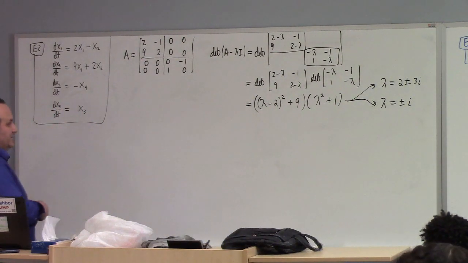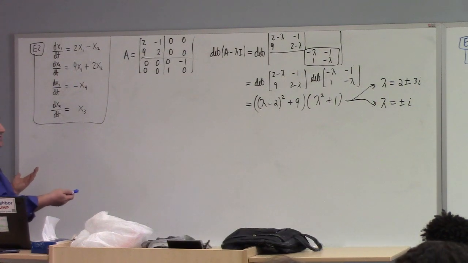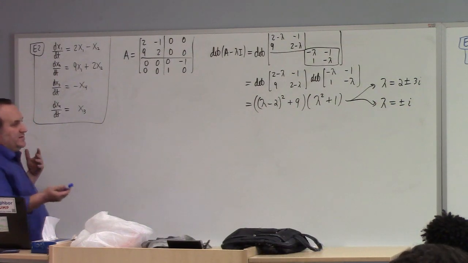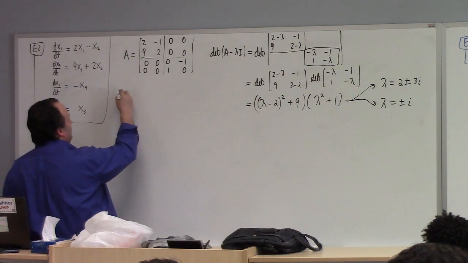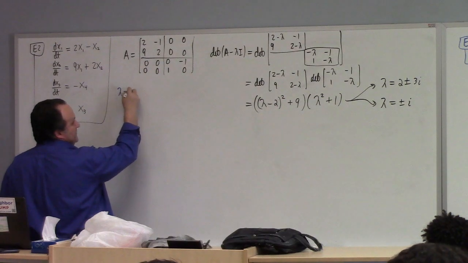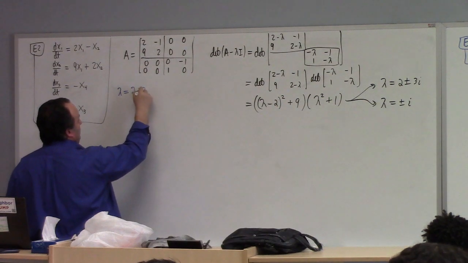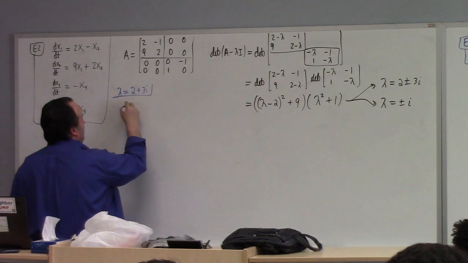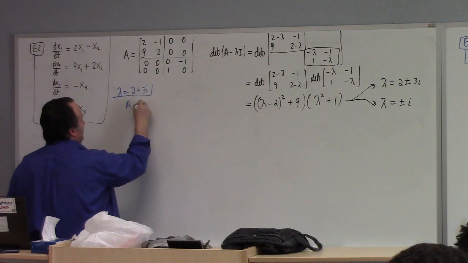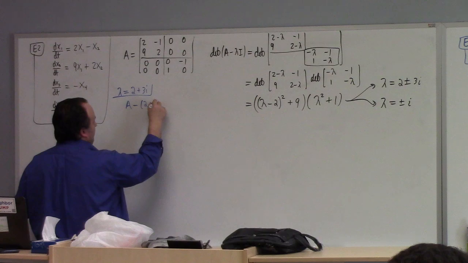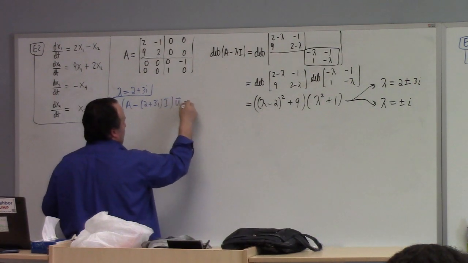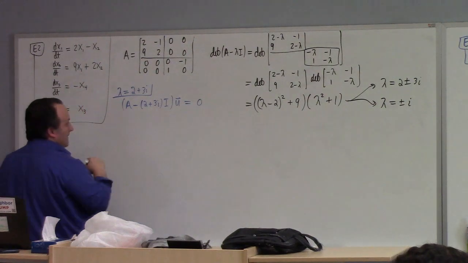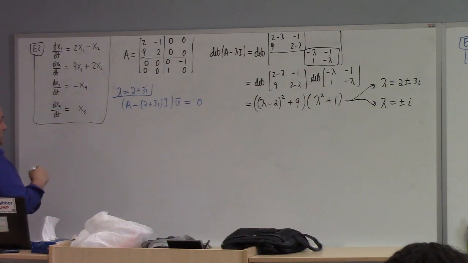All right, so then those are my eigenvalues, and I think we should just use the plus, because why not? So if I have lambda equals 2 plus 3i, I do A minus parentheses 2 plus 3i times I, that times my u vector equals 0.